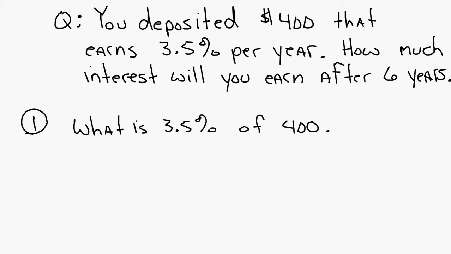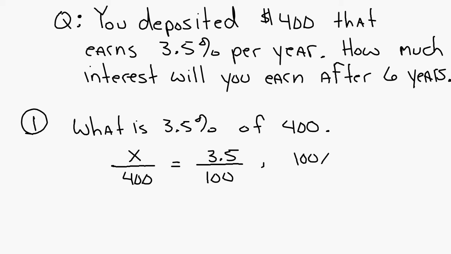All right? So first step, what is 3.5% of 400? So you set up your is over of equals percent over 100. Your is what you're trying to find. So x over your of, which is 400, equals 3.5 over 100. Well, now you can crisscross multiply. So you're going to get 100x equals 3.5 times 400.